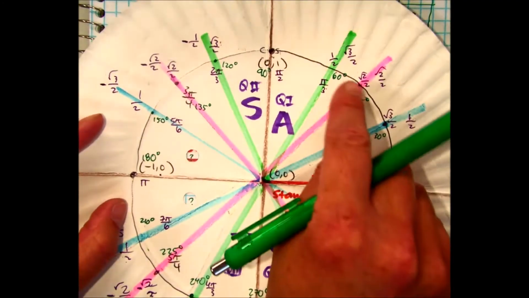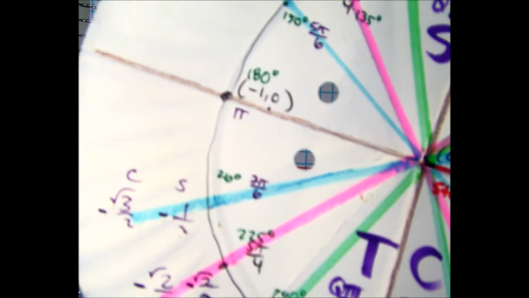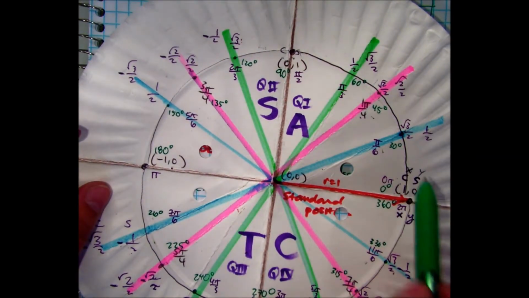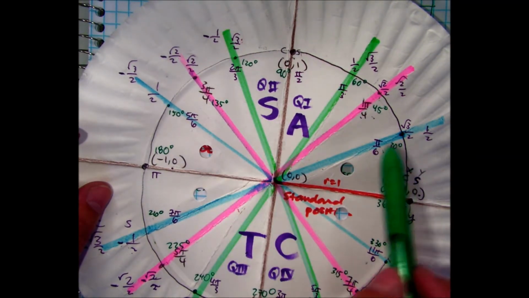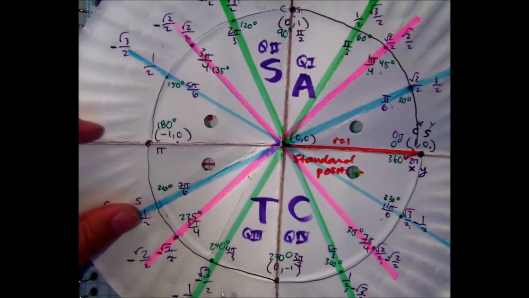What are we looking for? 4 pi over 3. That's 7 pi over 6 and 8 pi over 6.